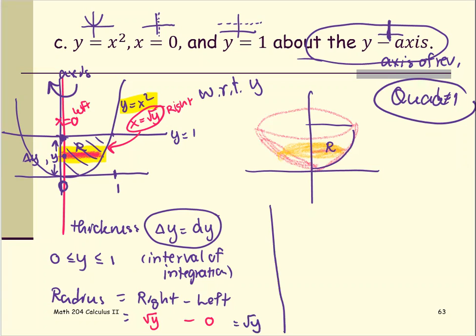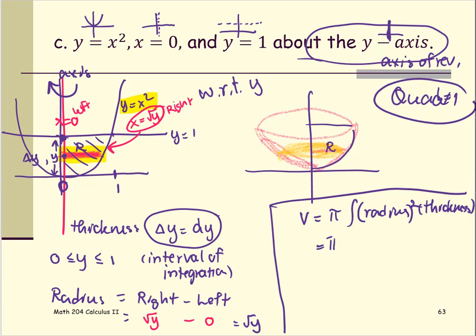Okay, got all the prep work done. Now put together to find the volume. The volume is pi times the integral of the radius squared multiplied by the thickness. For our case, the integral has lower limit 0, upper limit 1, the radius is square root y squared, and the thickness is dy.